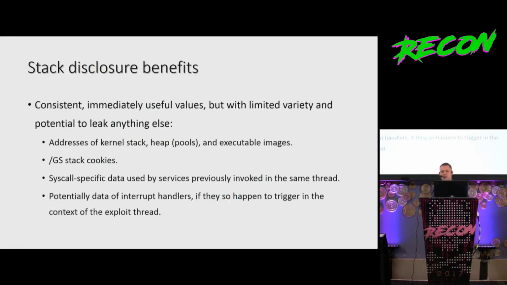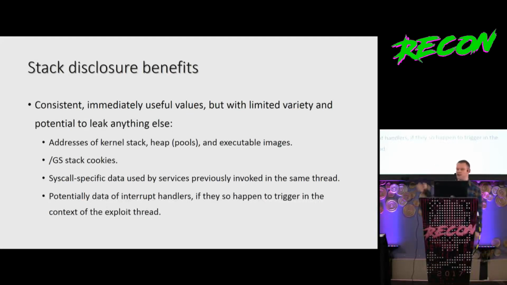The benefits of a stack or heap disclosure depend on the type of the memory being disclosed. When it comes to stack disclosures, we get consistent, immediately useful values, but it's very limited in variety and potential. For example, we can very easily get the addresses of the kernel stack because there are a lot of the same stack frames. We get addresses of heaps because they are also stored on the stack.